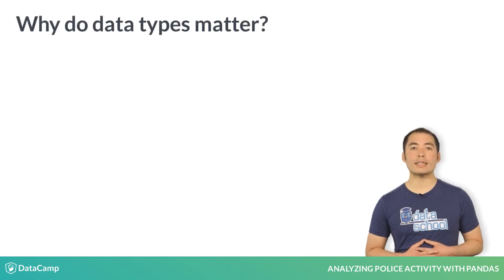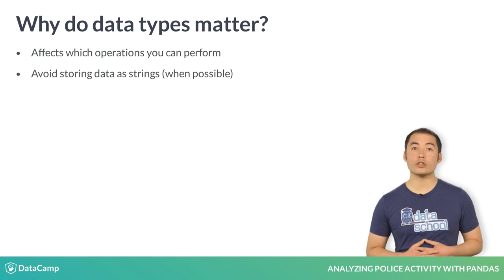But why does the data type of a pandas series even matter? Data types matter mostly because they affect which operations you can perform on a given series. In particular, it's beneficial not to store data as strings when possible. For example, mathematical operations can be performed on ints and floats, but those operations will fail if the numbers are stored as strings.